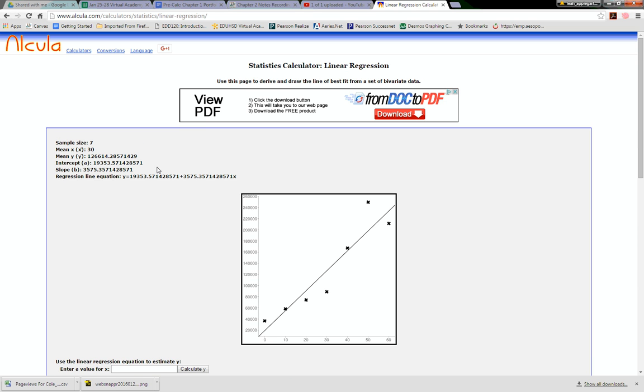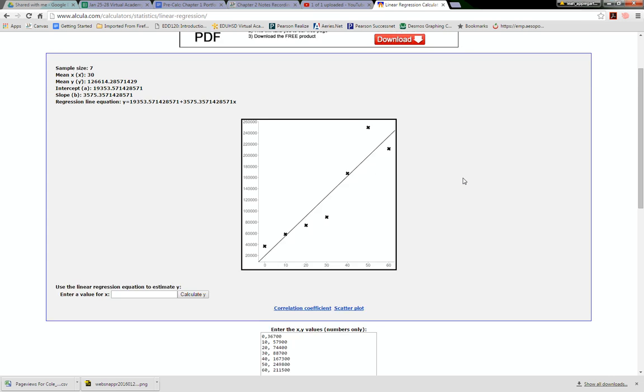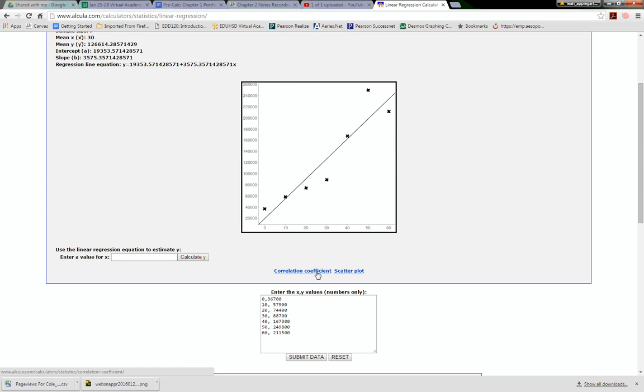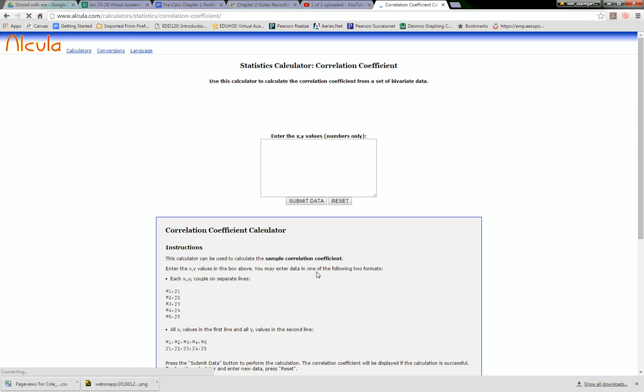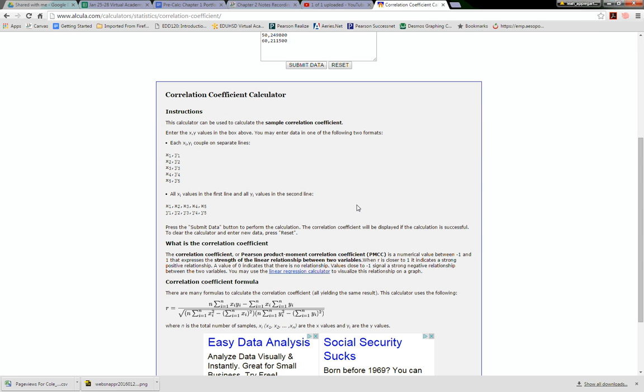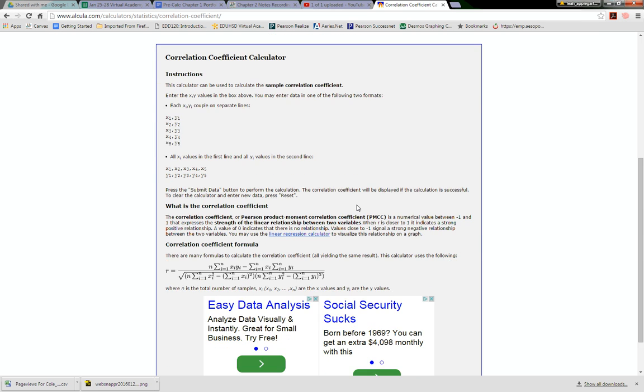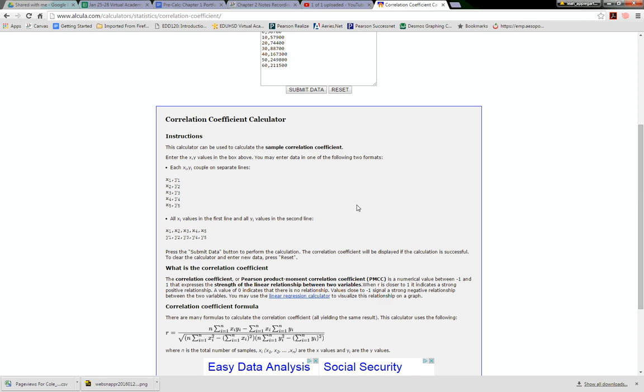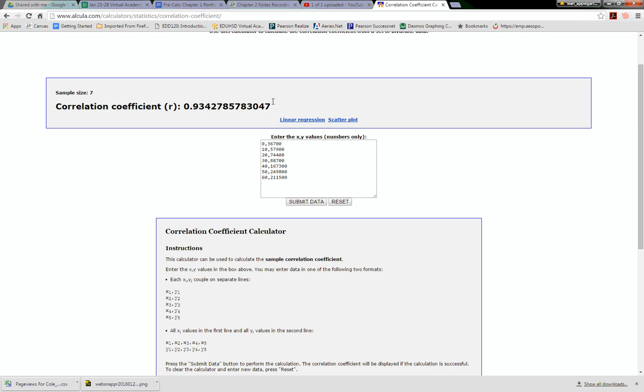And I'm looking for the R correlation coefficient. So click on correlation coefficient. Submit the data. And the correlation coefficient is right here.